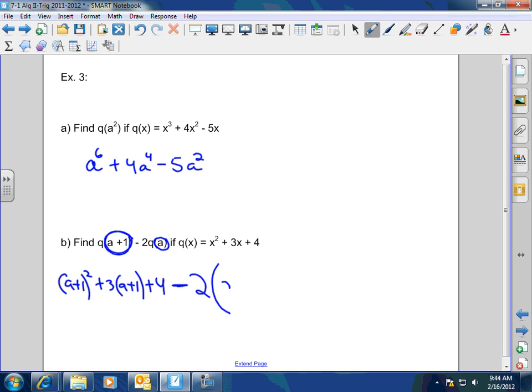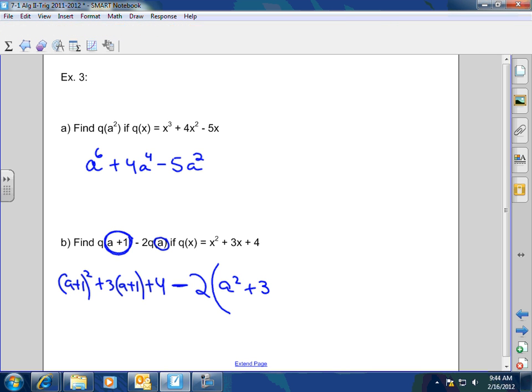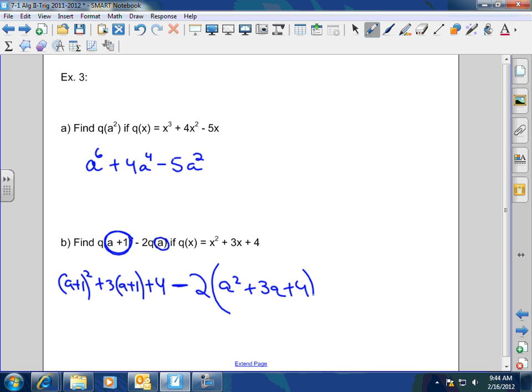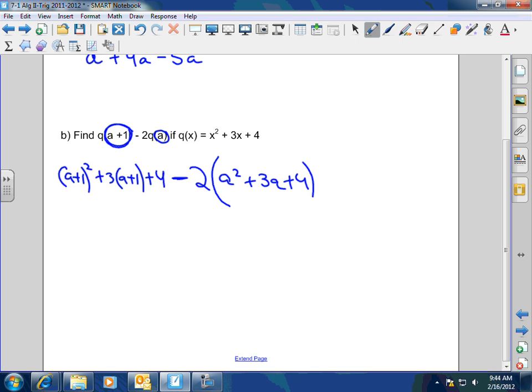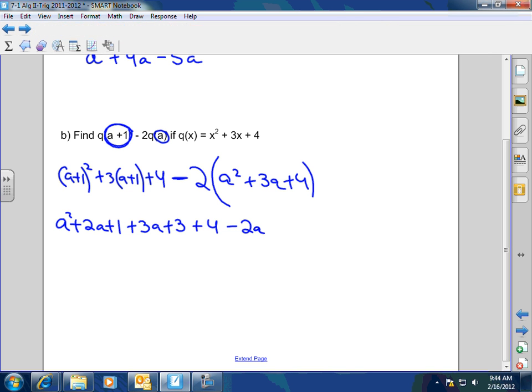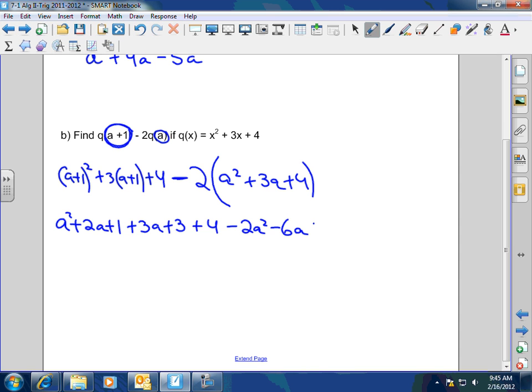So it's going to be a squared plus 3a plus 4. Now it's Mickey Mouse time. This is a squared plus 2a plus 1 plus 3a plus 3 plus 4 minus 2a squared minus 6a minus 8.